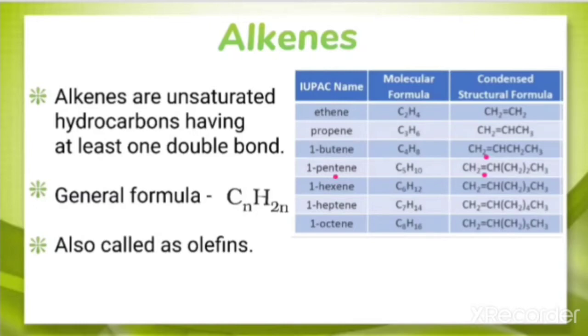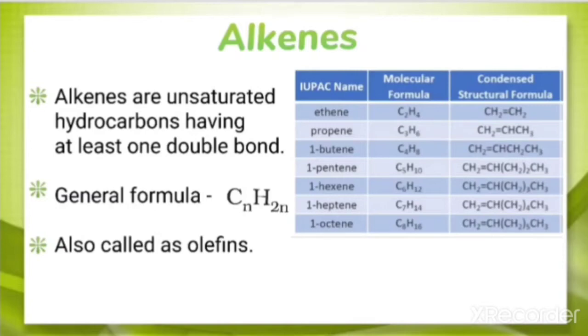The double bond is between the first and second carbon. If I write 2-butene, it means the double bond is between the second and third carbon. So the double bond position plays a very important role: 1-butene, 1-pentene, 1-hexene, 1-heptene, 1-octene. That means in all these cases the double bond is between the first and second carbon.